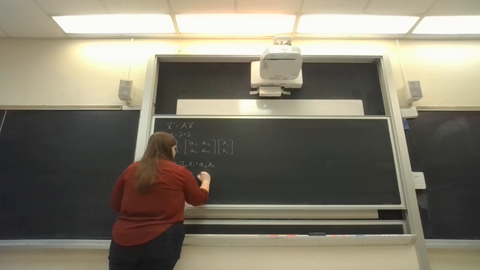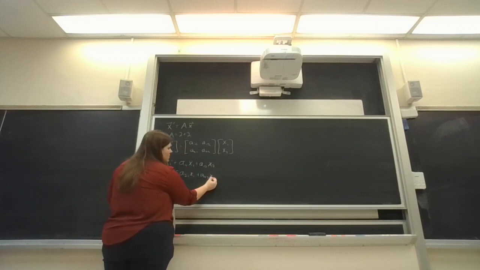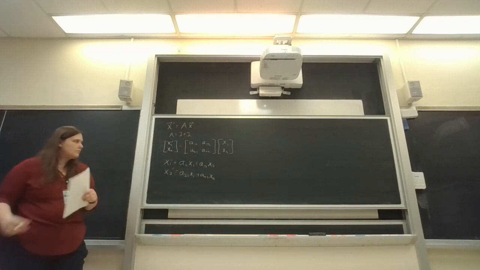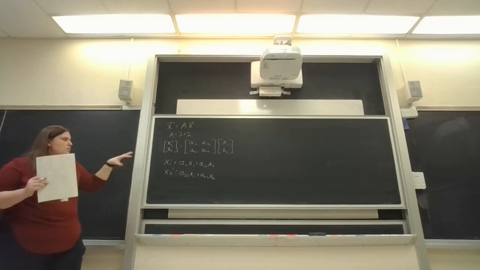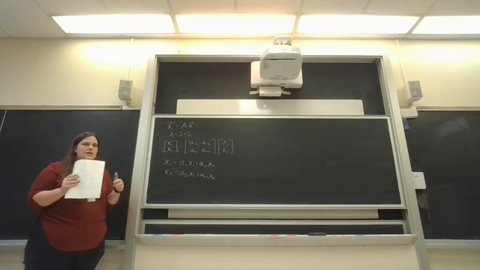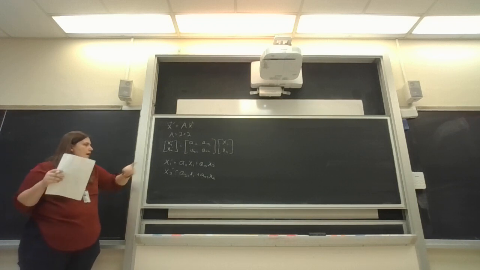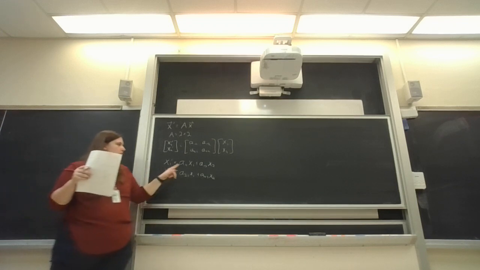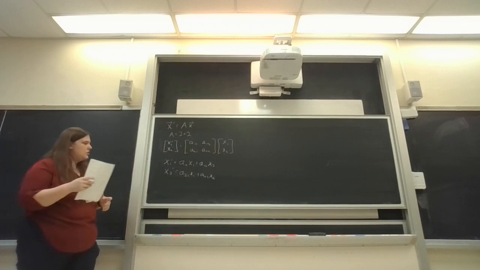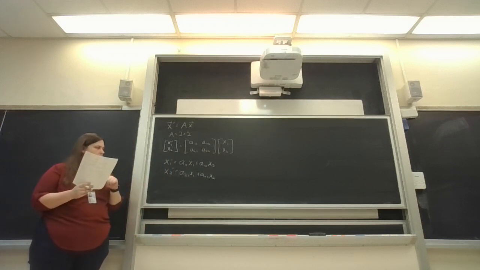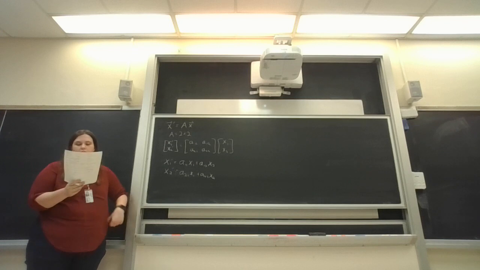Perfect. What's important about these systems is they depend on one another, right? x1 prime depends on both x1 and x2, and x2 prime depends on x1 and x2 as well.